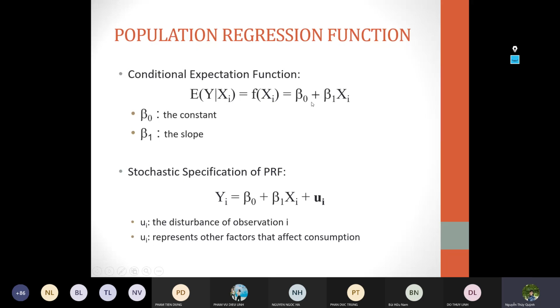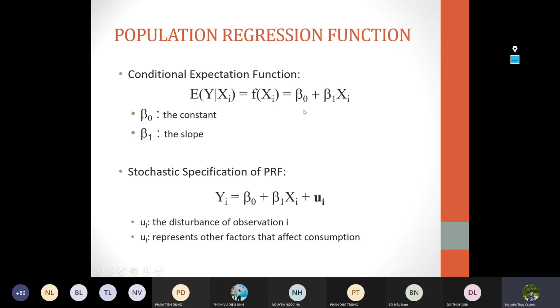Beta 0 and beta 1 here are called the parameters of the population regression function. Beta 0 is the constant or the intercept, and beta 1 is the slope.